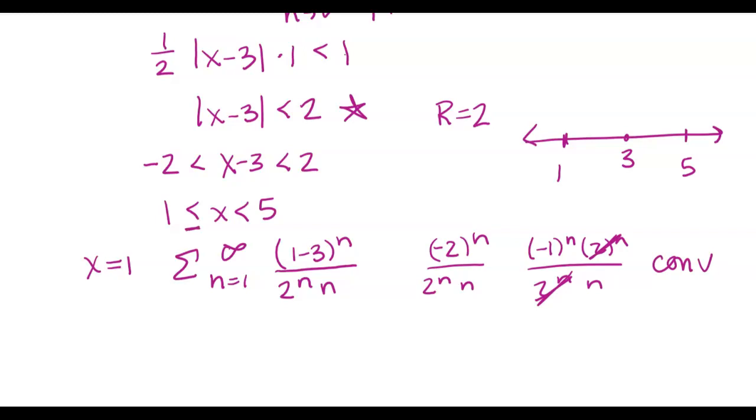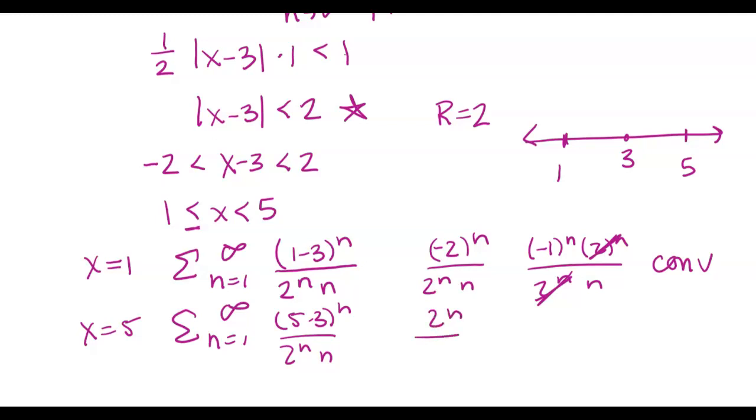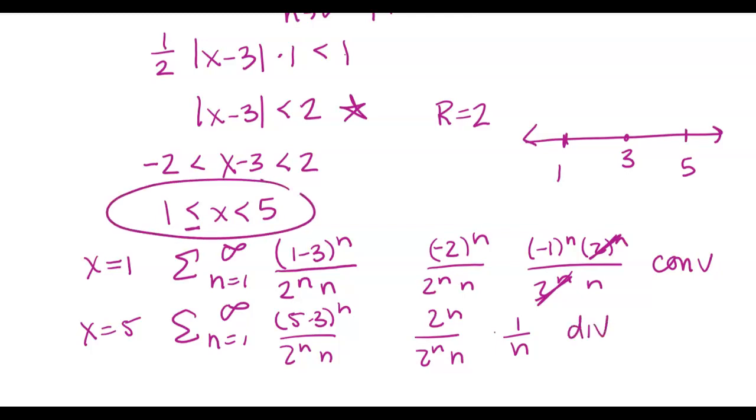So I do have a convergent series at x equals 1. Let's try 5. All right, when I plug in 5, I end up getting 2 to the n over 2 to the n times n, 1 over n, the harmonic series diverges. So this is going to be my interval right here.